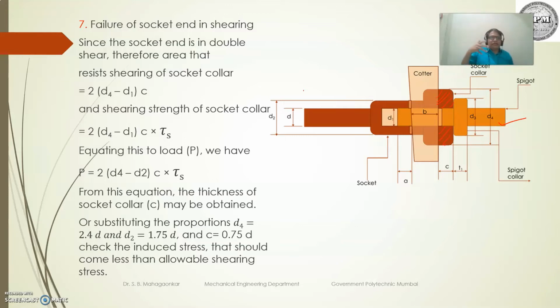Just like you studied these things in your knuckle joint, the failure of the fork or the failure of the eye in shear, the same way, one side of shear you will get, and the same on the other side. So what is the area of the shear here you are going to have? That I can show it here.